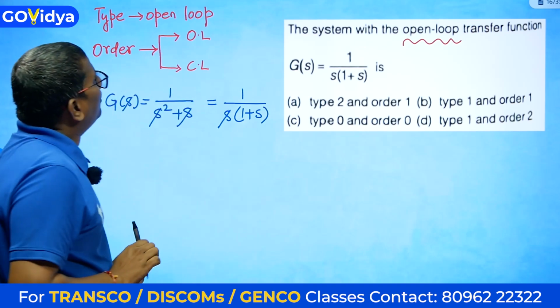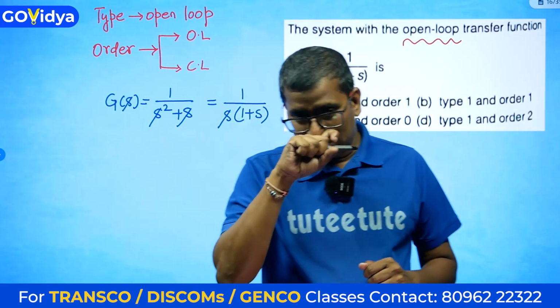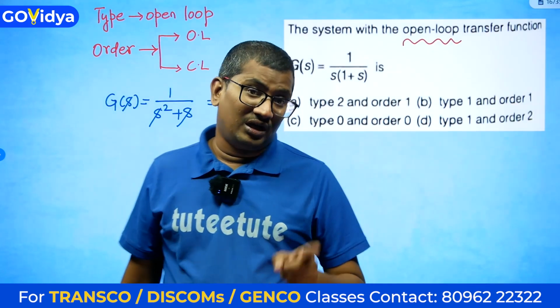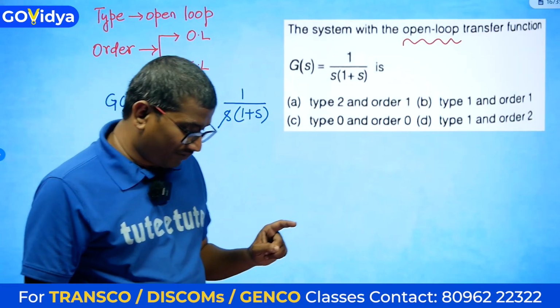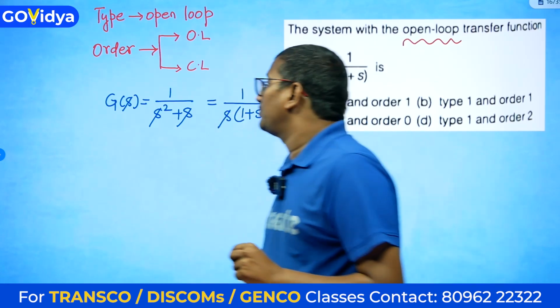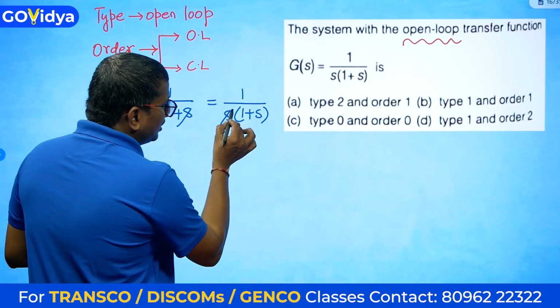So how to define the type of the system? The type of the system can be defined as the number of poles at origin in an open loop system. How many poles at origin do we have here? Poles at origin means this one.